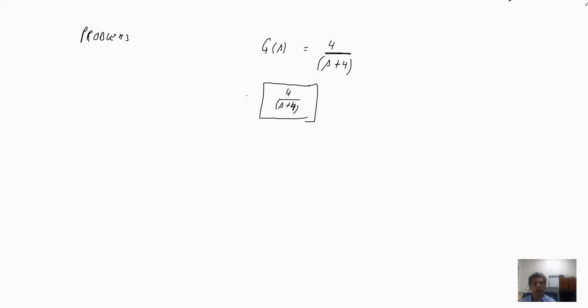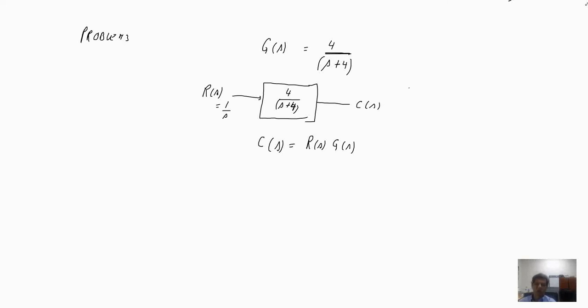I put an input here, R(s), and the input is a unit step function, so that would be equal to 1 over s, and the output is C(s). So the output is C(s) equal to R(s) times G(s).